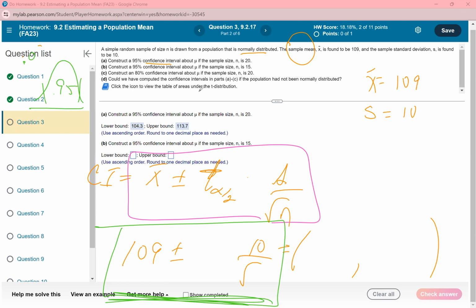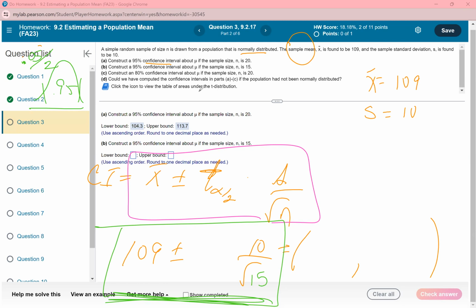Still need to take the 0.05 and divide that by 2. But this time, my sample size is 15, so my degrees of freedom would be 14, always n minus 1. So you're going to start with your inverse t, 0.05 divided by 2, degrees of freedom is 14.